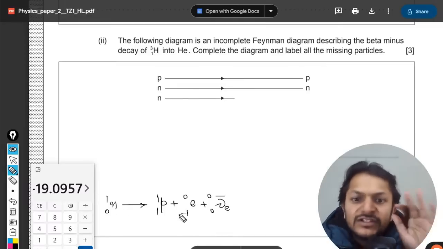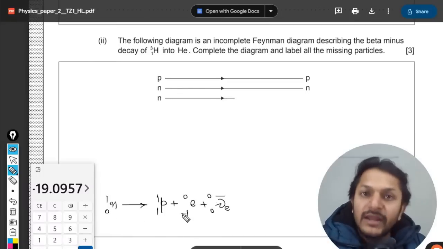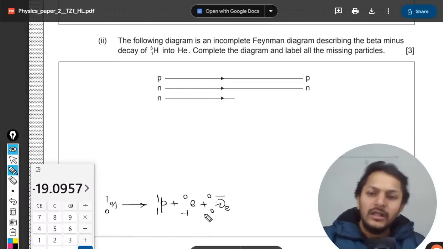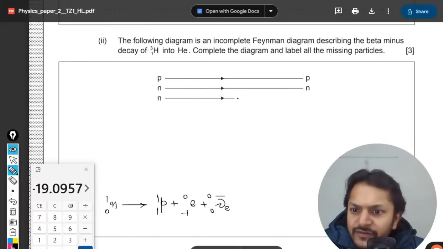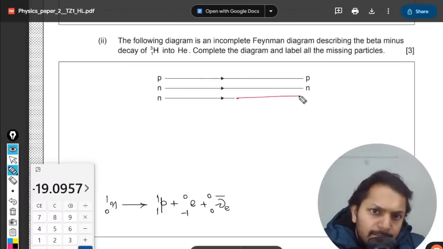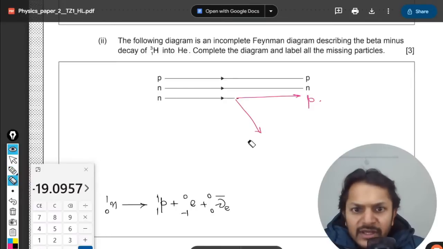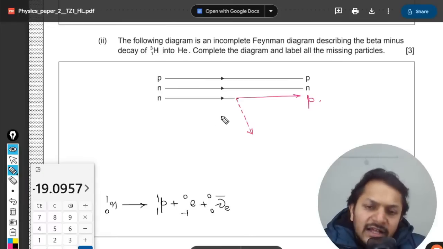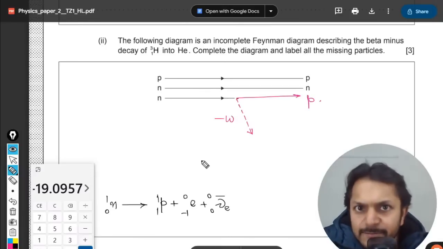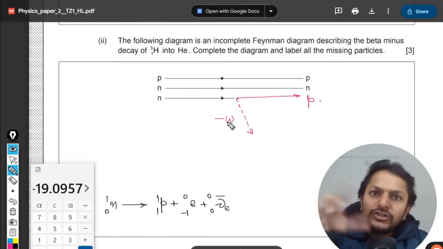So the Soddy-Fajans rule is completely valid here. 1 is equal to 1 plus 0 plus 0. 0 is equal to 1 minus 1 plus 0. So this is what is happening. This neutron is going to convert itself into a proton, and another particle will be given out, the mediating or exchange particle. We will show this exchange particle like this; it is W minus in this case. Why W minus? This is also logical, because of the conservation of charge principle.